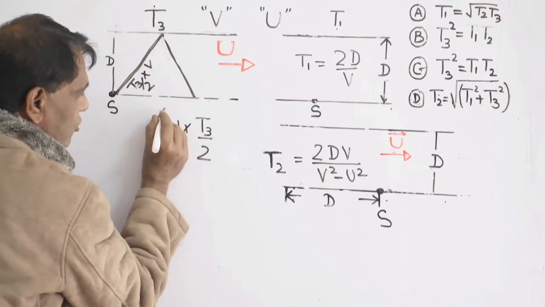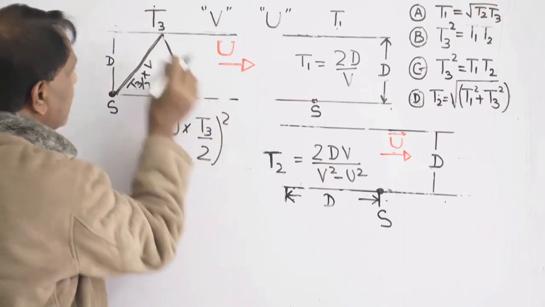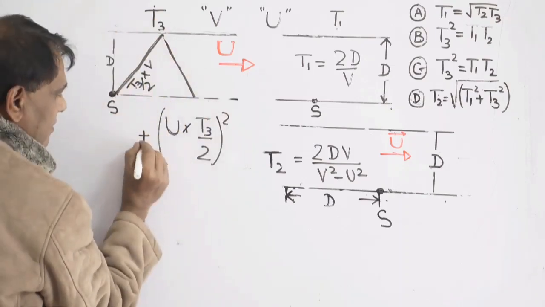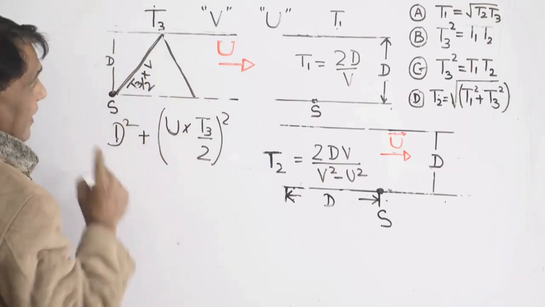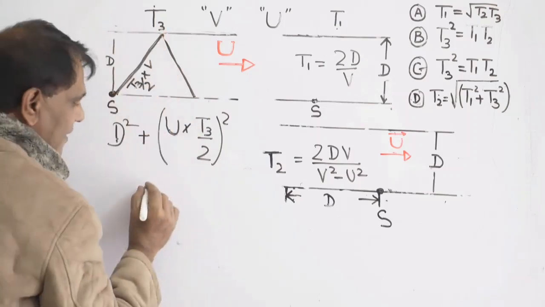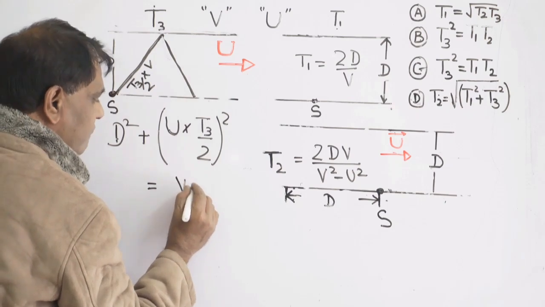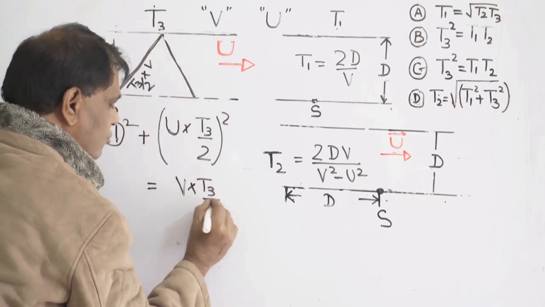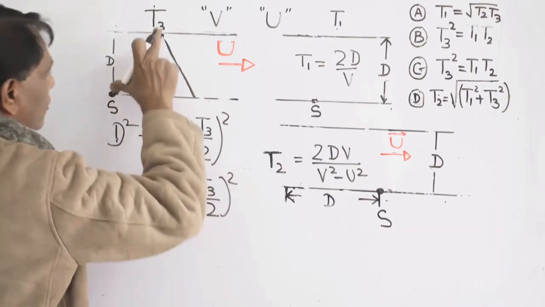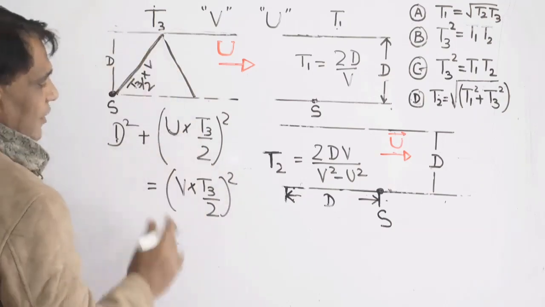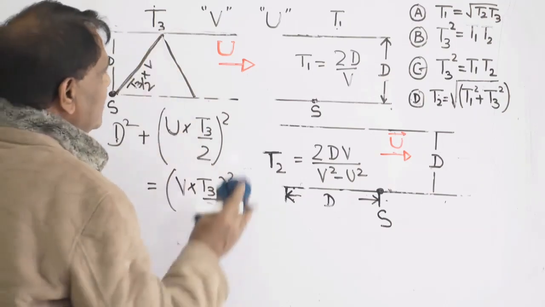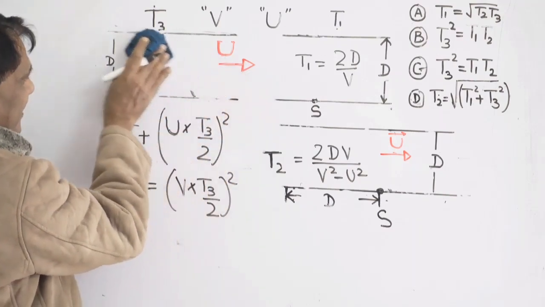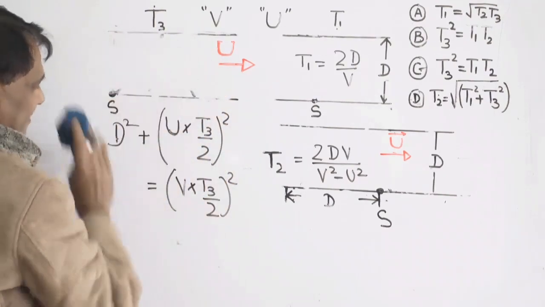Using the Pythagoras theorem, this square plus this square, D square, is actually this distance, that is velocity of man into T3 by 2, whole square, hypotenuse. If you solve this one, beautiful result you are going to get.